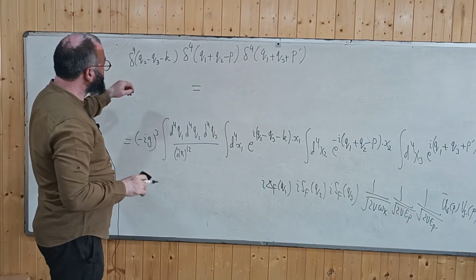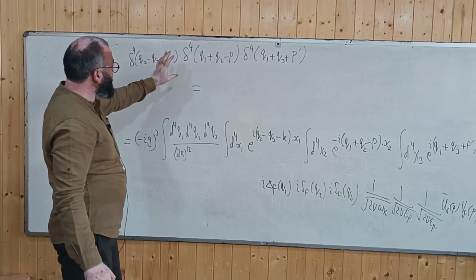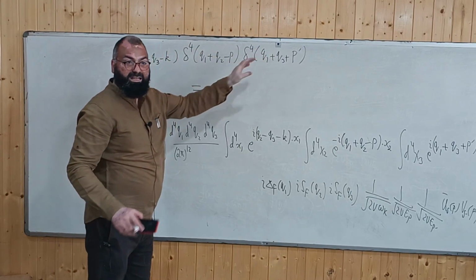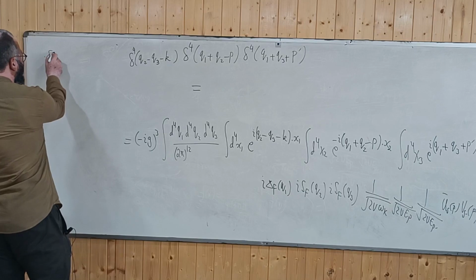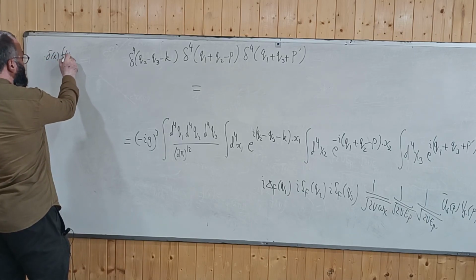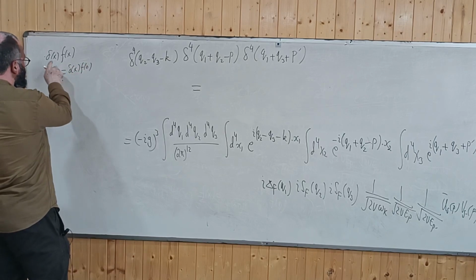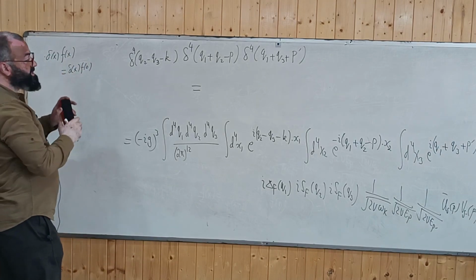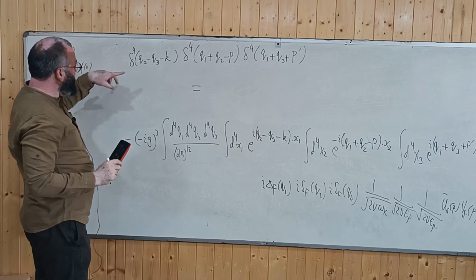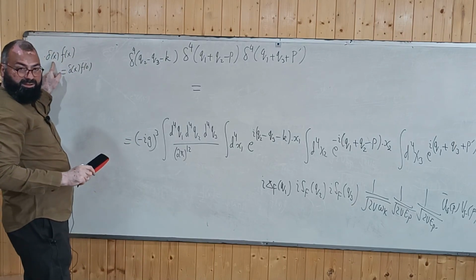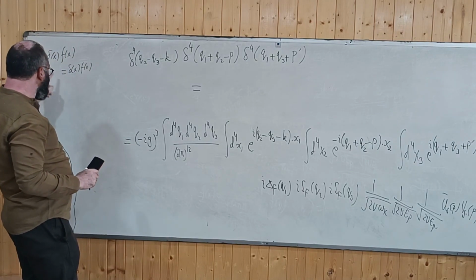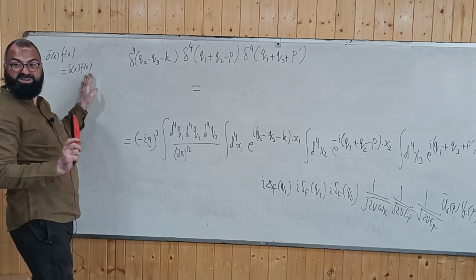Okay, so now let's write that. You can consider this as an entire function. Like this, you are having delta of x multiplied by f of x. What is that equal to? Simply delta of x and f of 0. So put the argument here. Clear? In other words, you are actually doing the integration over x. When you put the integration over x, this will be 1, you will get f of 0. Clear?